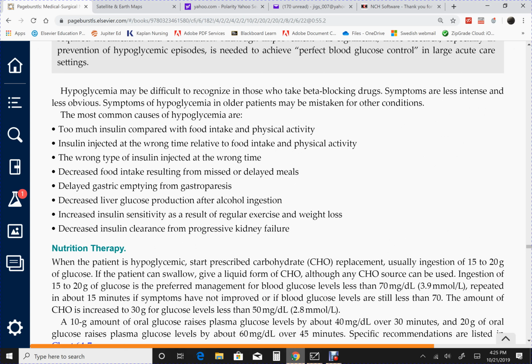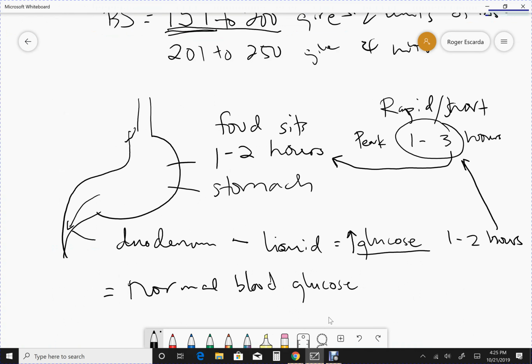However, if you have gastroparesis, which is delayed gastric emptying, the food sits longer than 1 to 2 hours in the stomach. Let's say it goes up to 3 to 4 hours before it empties. The insulin still peaks around 1 to 3 hours, so when it peaks, the glucose might not be high yet because you have gastroparesis.